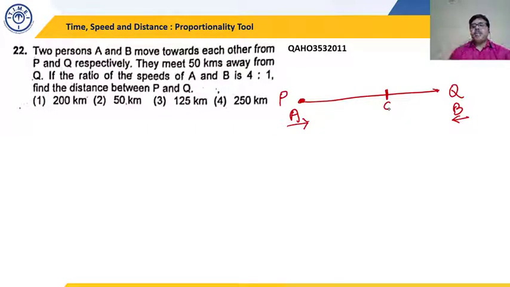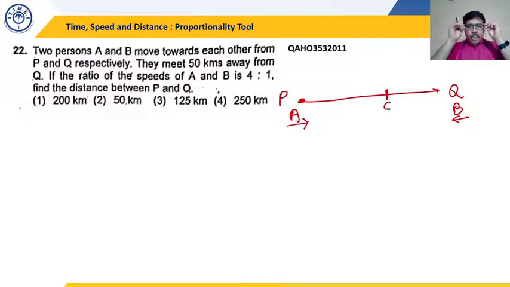So in this question, what is constant? Can I say in this question, the time taken is constant. A and B are getting equal time to cover the distance. So they will naturally cover the distance directly proportional to their speed.